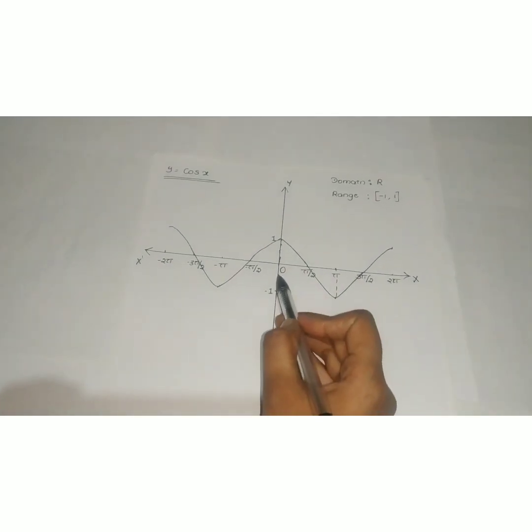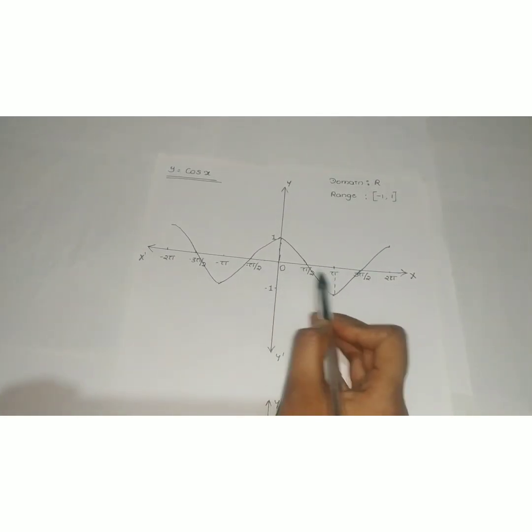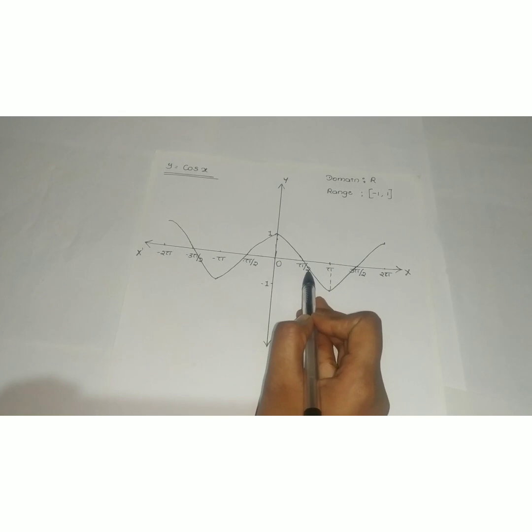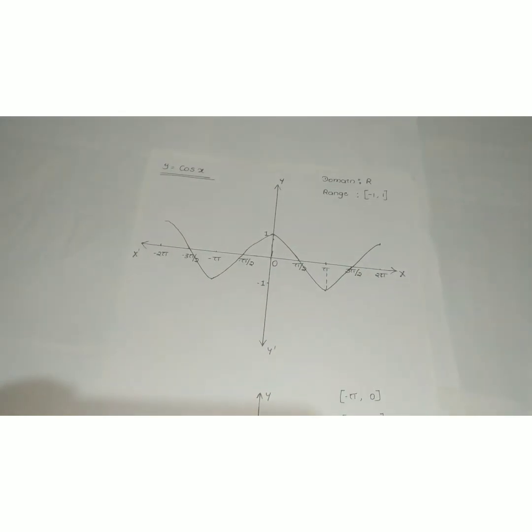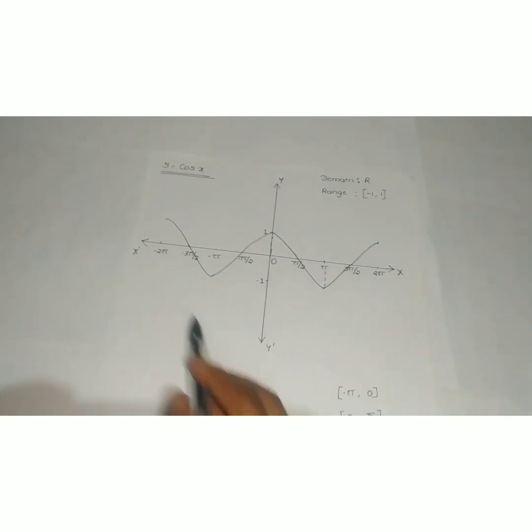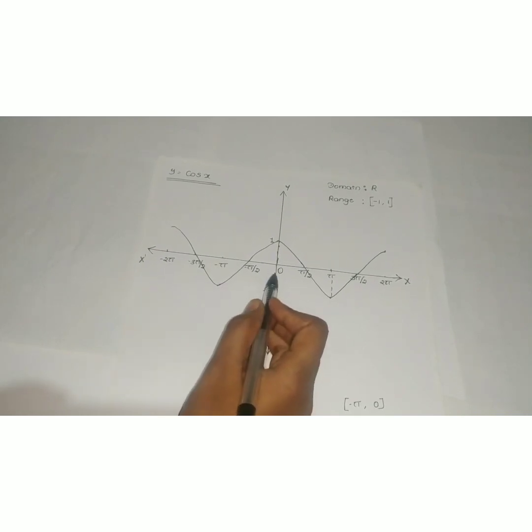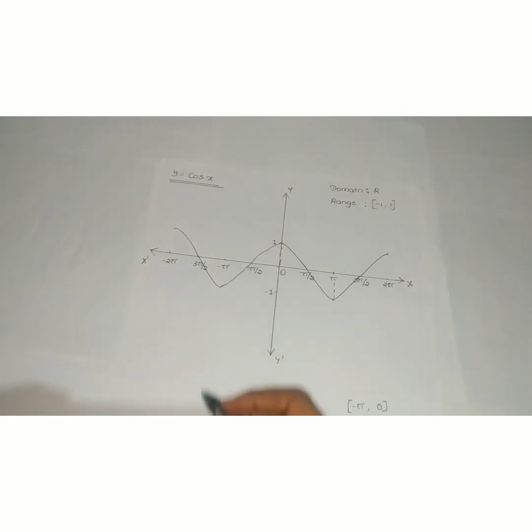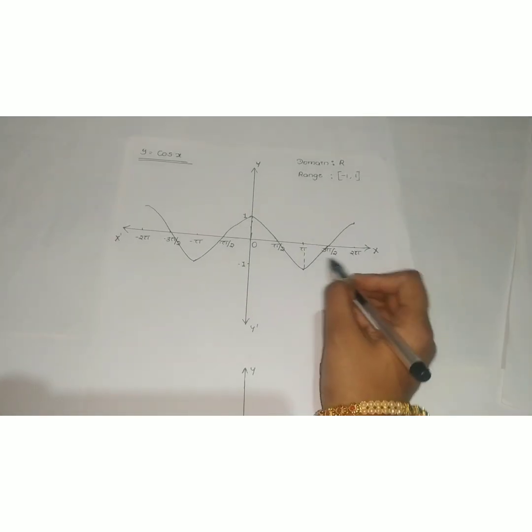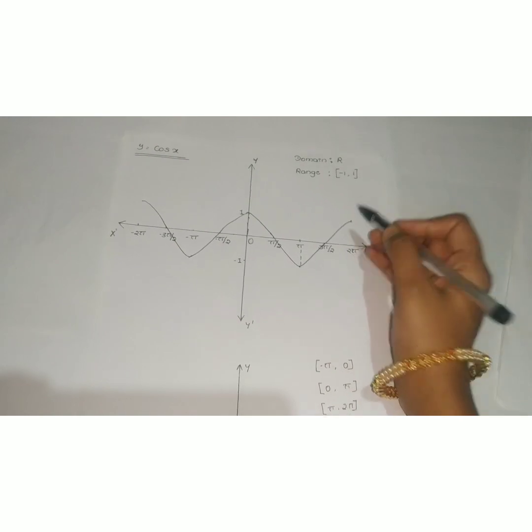So observe this graph. In the interval 0 to pi the cos function is invertible, or in the closed interval -pi to 0, here also the cos function is invertible, or in the closed interval pi to 2 pi, here also the cos function is invertible.